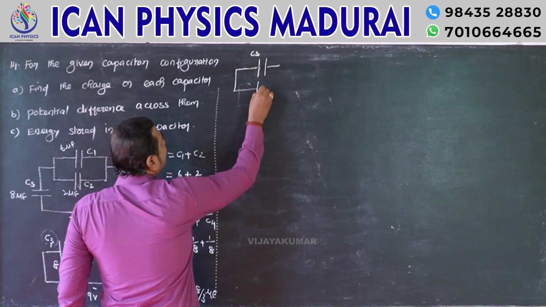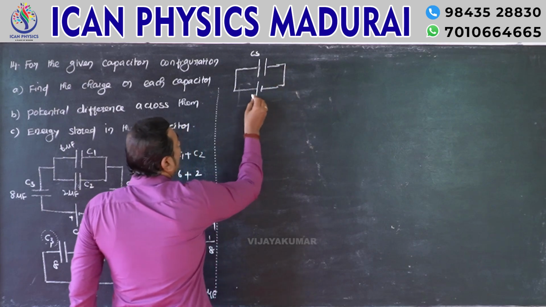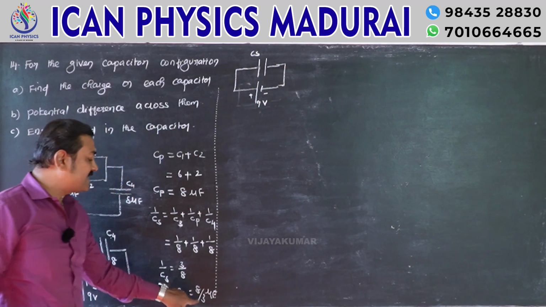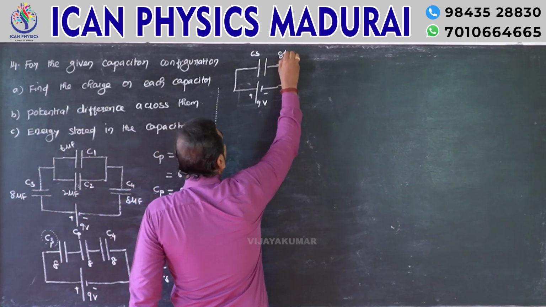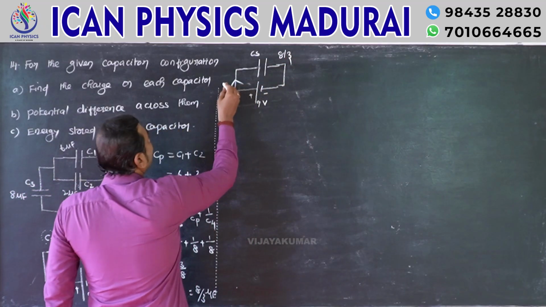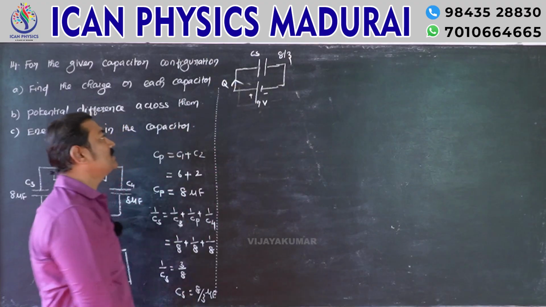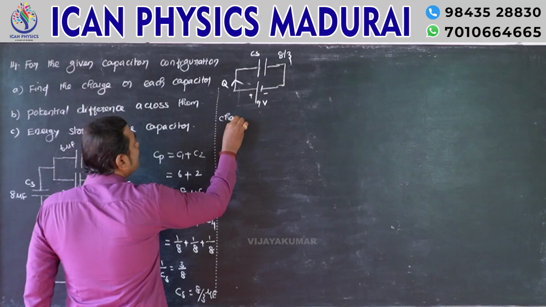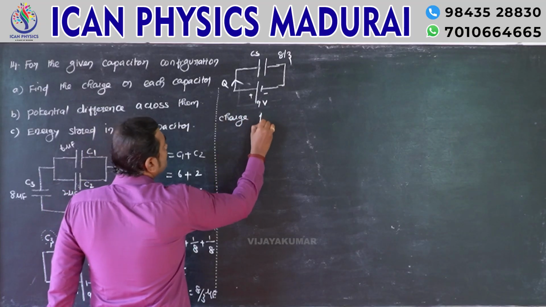Now, it is connected with the battery of 9 volt. The effective capacitance is 8 by 3. Then, we can calculate the charge from the source.